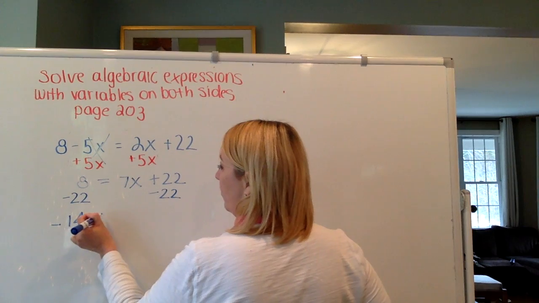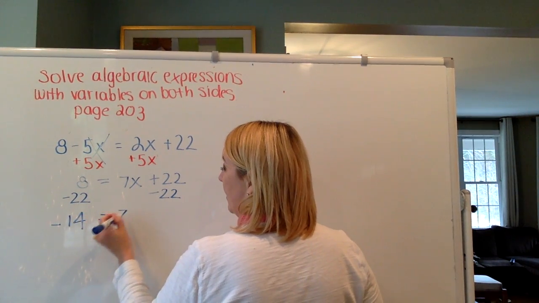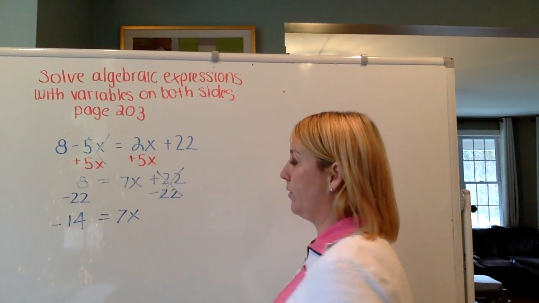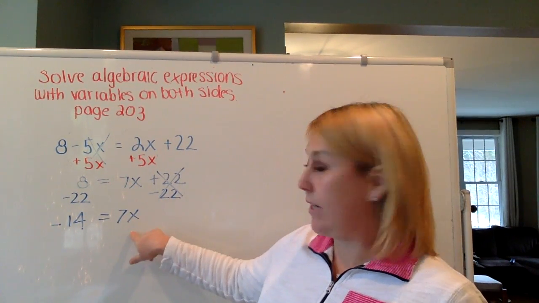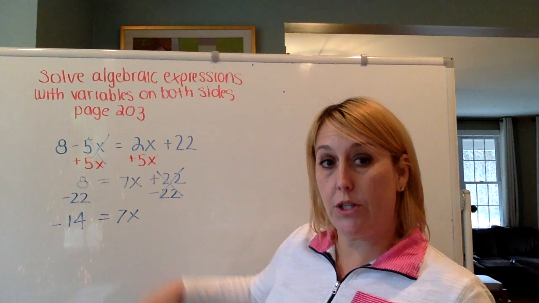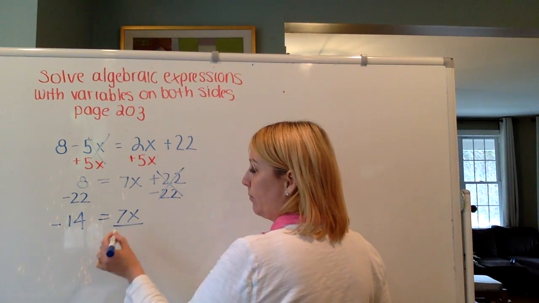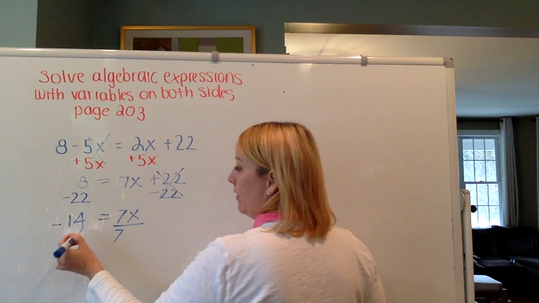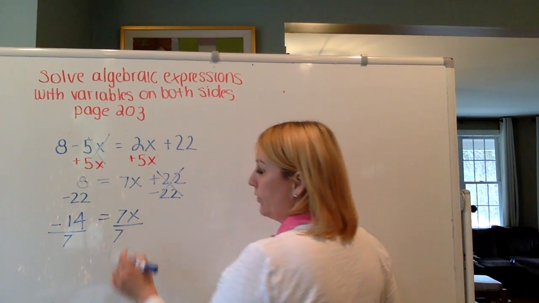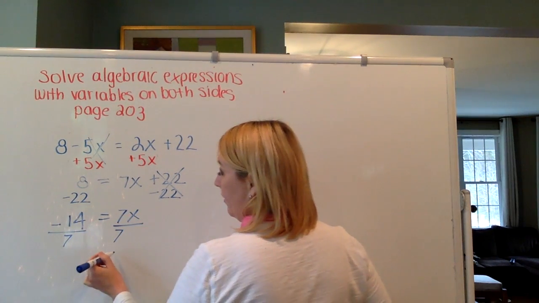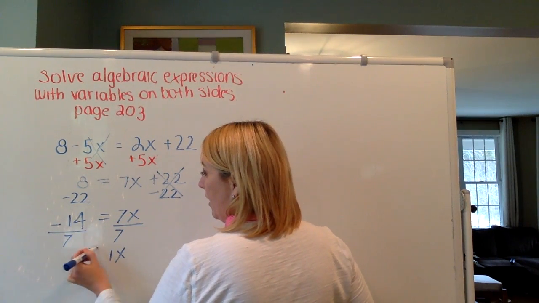Negative 14 equals 7x. And now these canceled each other out, so I don't have to worry about that anymore. But I'm not done yet because I still have a coefficient here. I haven't completely isolated the variable. So when we have multiplication, the inverse operation is to divide by the coefficient. 7 divided by 7 is 1, right? So 1x.